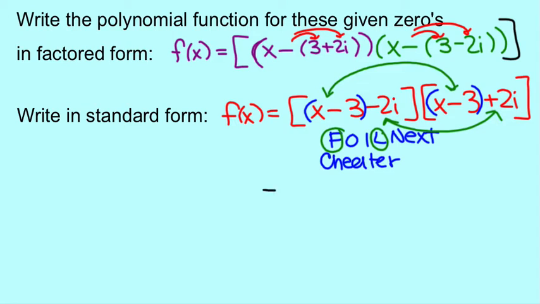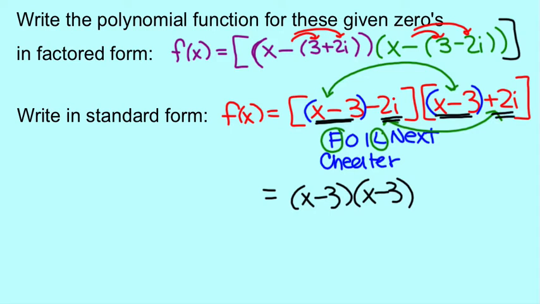So just see what it looks like. I'm going to take x minus 3 and x minus 3 and multiply them together. Then I'm going to take the negative 2i and the positive 2i. So I'm only doing first and last.